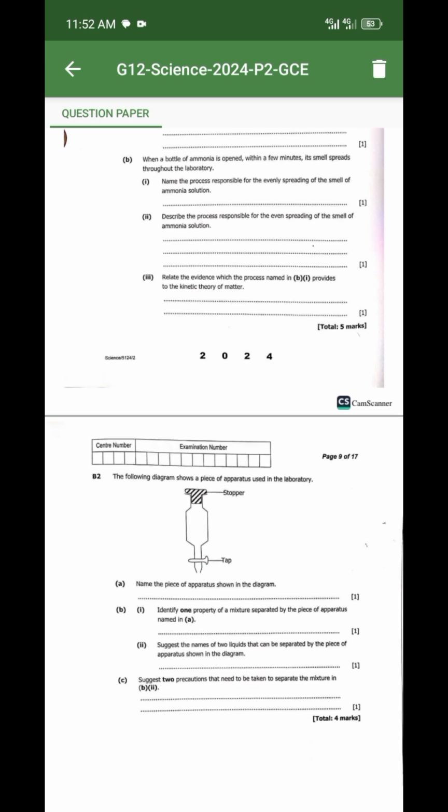Then we move on to question B2. We have the following diagram showing a piece of apparatus used in the laboratory, with the stopper and the tap. This diagram illustrates the apparatus known as the separating funnel.